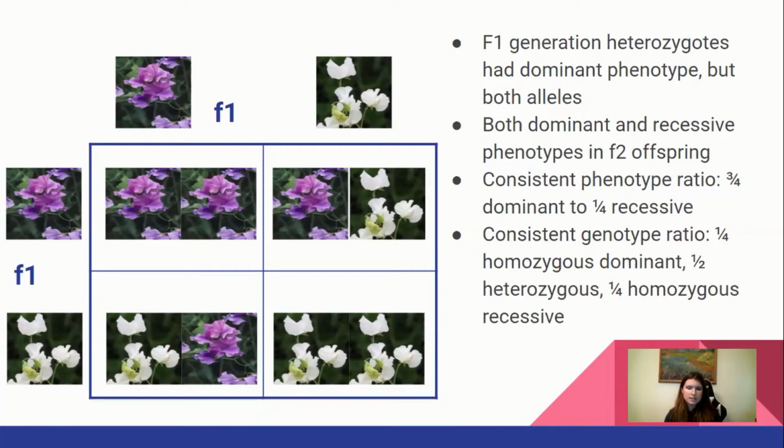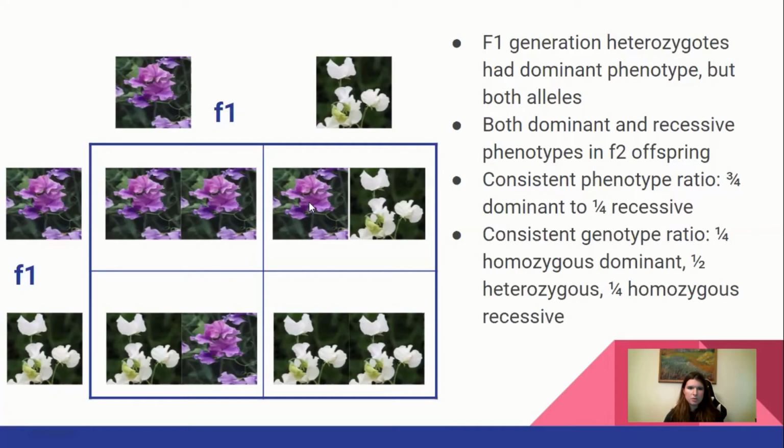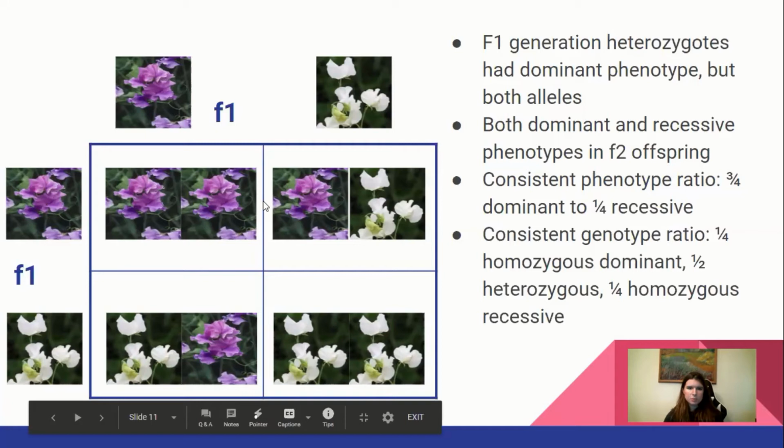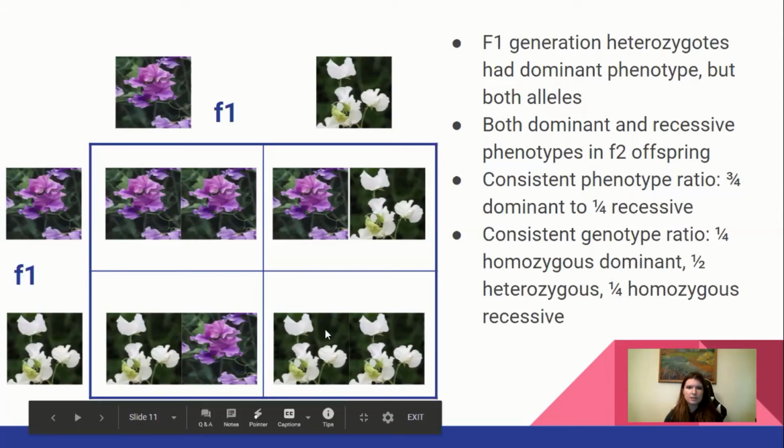So we see a consistent ratio in both genotype and phenotype. So every time we see purple in one of these boxes, we know that we have the dominant phenotype because dominant genes get expressed. So 1, 2, 3 out of our 4 boxes, 1, 2, 3, 4, 3 out of 4 show dominant phenotype. 3 out of 4 is the same thing as 75%, whereas 1/4 or 25% here are white, show the recessive phenotype.